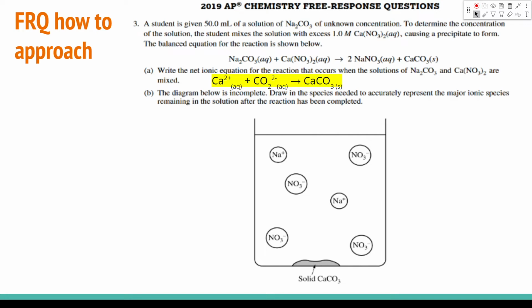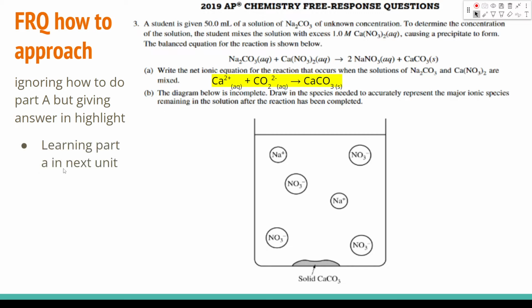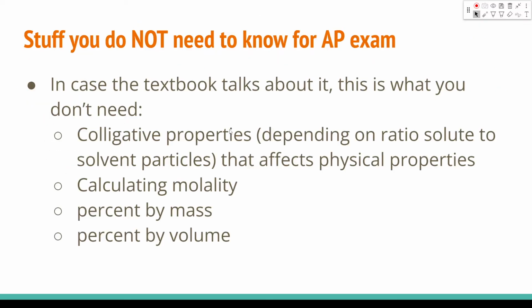Okay, so you have a couple options on what to do for B. Now, for part A, I gave you the answer because we haven't talked about how to get net ionic equations yet, because it's the next unit. So for now, I just gave you the answer.